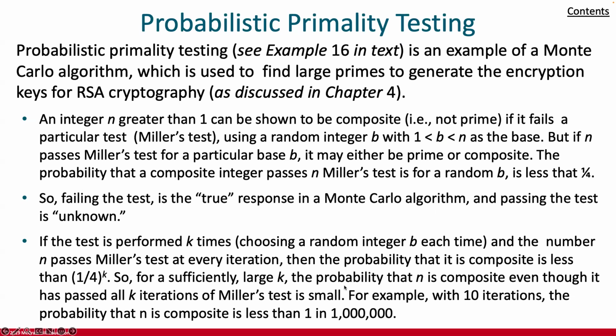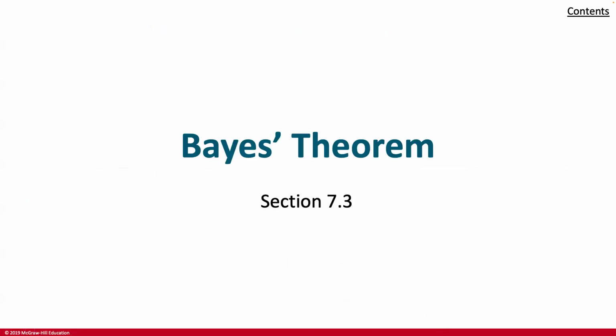So for a sufficiently large k, the probability that n is composite, even though it has passed all k iterations of Miller's test, is small. As an example, with 10 iterations, the probability that n is composite is less than 1 in a million. Okay, so that just gives you some useful information, some things that we want to be exploring concerning probability theory.